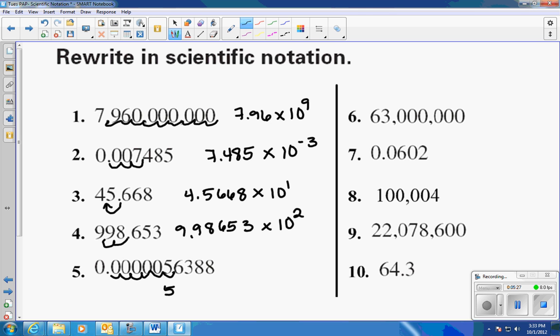This is going to be 5.6388 times 10, and I moved it 2, 3, 4, 5, 6. Lost count there. 6 times, but it's negative because I'm making that small number bigger.